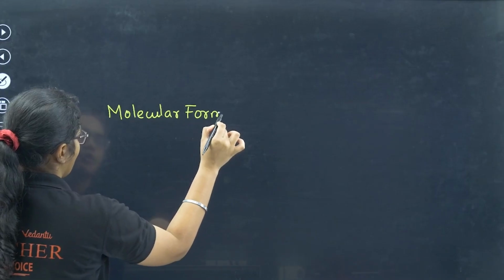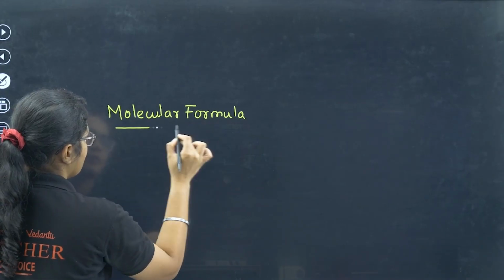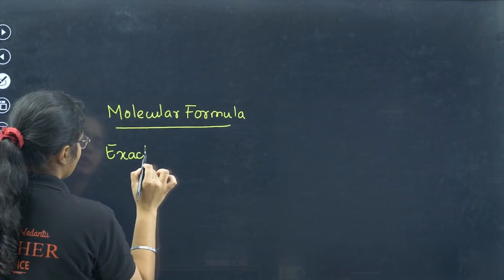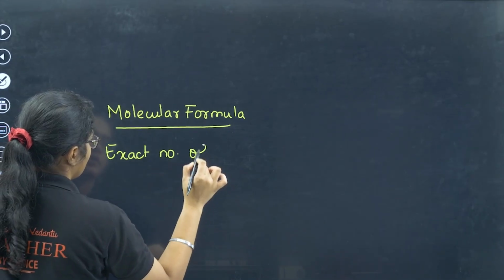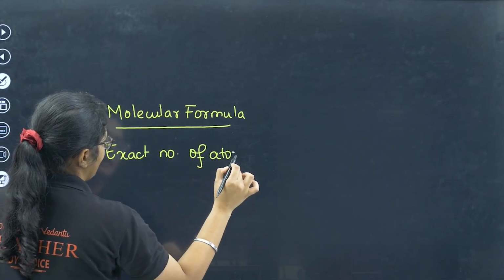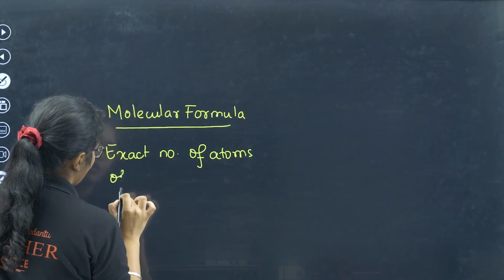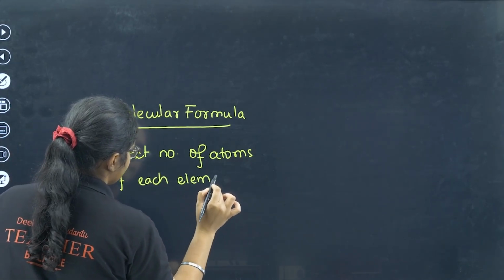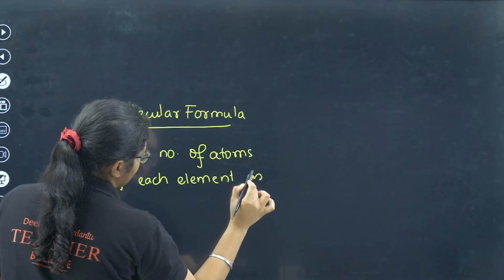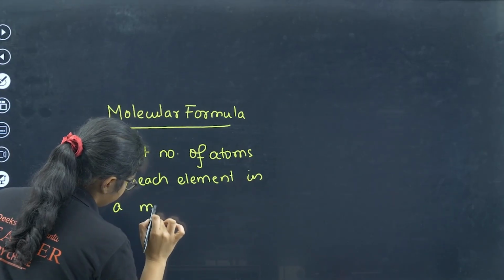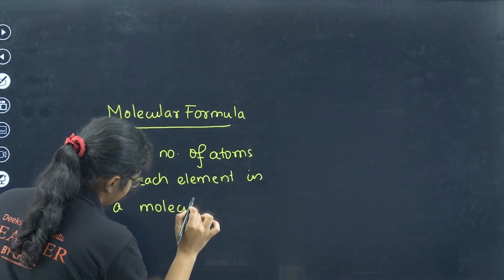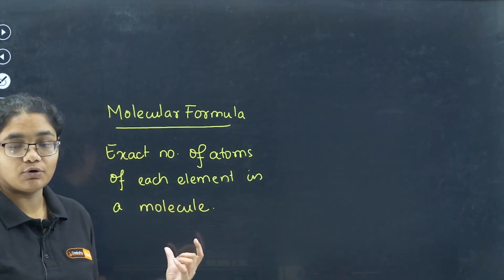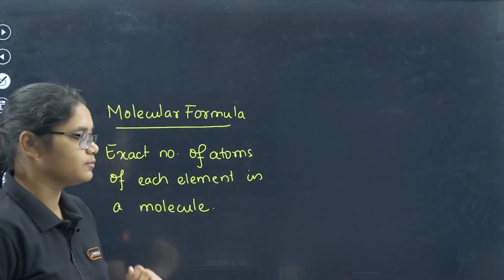Molecular formula tells you the exact number of atoms of each element in a molecule. Exact number of atoms of each element in a molecule, that is called molecular formula.